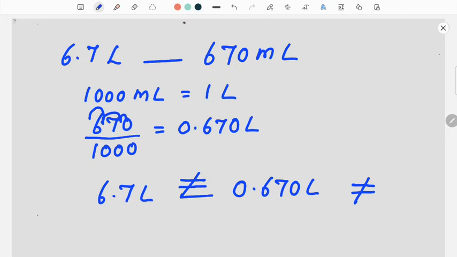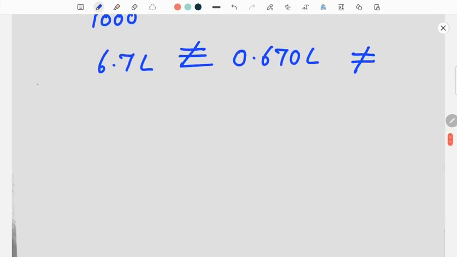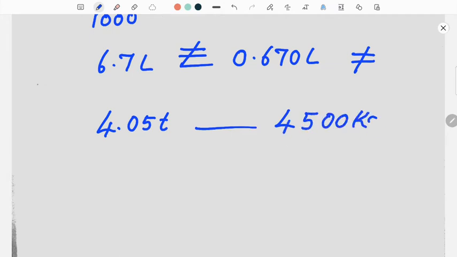Next question is 4.05 ton and 4500 kilogram. Children, you can change ton to kilogram or kilogram to ton. 1000 kilogram is equal to 1 ton. So change kilogram to ton.